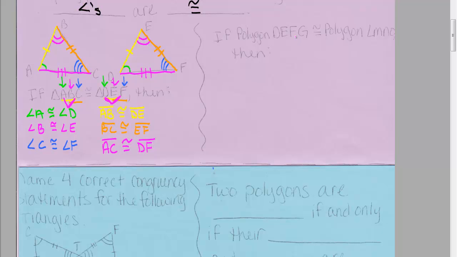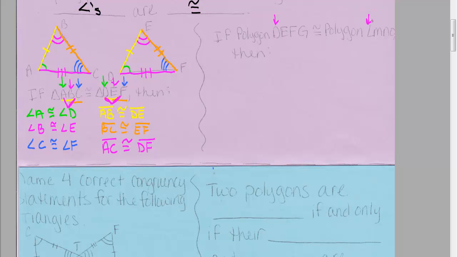We can move on to the right one. It says if polygon DEFG is congruent to polygon LMNO, then we're going to list all the angles that are congruent and all the sides that are congruent as well. Now in this one we're not given pictures, so we're just going to have to deal with the letters. Let's do angles first.